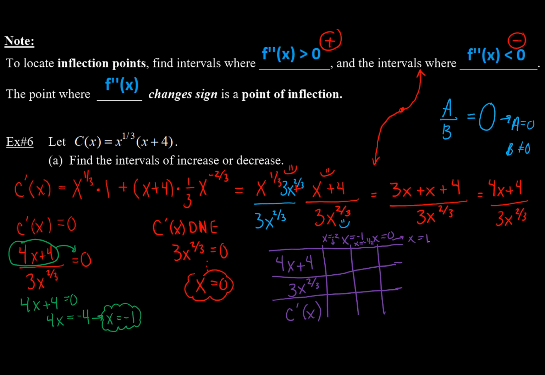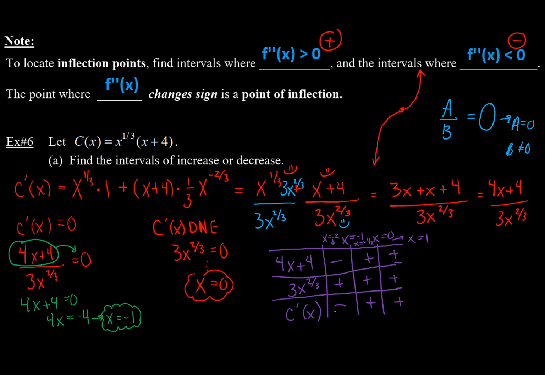All right, if I plug those things into 4x plus 4, I'm going to end up with a negative, a positive, and a positive. If I plug in those values into 3 times x to the 2/3, I'm going to get a positive and a positive. If I plug them into the derivative, I'm going to end up with a negative and a positive and a positive.